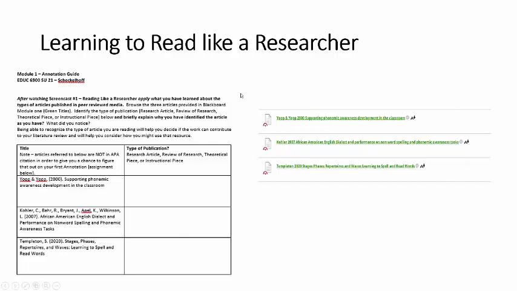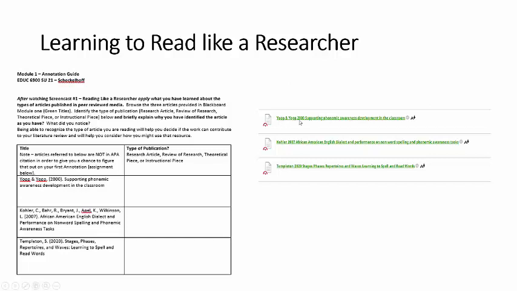On Blackboard, you have 3 little articles in green. What you're going to do is hit one of these articles in green on Blackboard, and you're going to sample through it. You don't have to read every word of that article, but do like we did in this instance. Look at the abstract, look at the first paragraph, skim and scan the article a little bit.